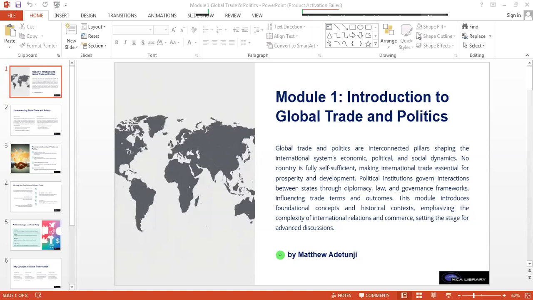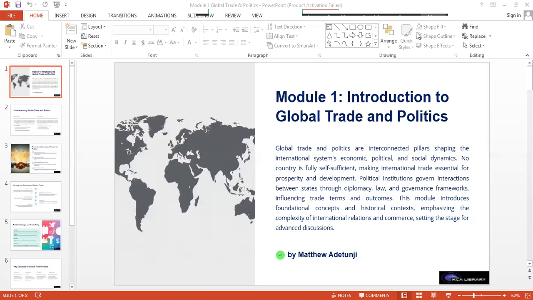This is a course where we'll look in depth into the understanding of power and economics, where economics and power meet together. We look at the global view of trade in alignment with politics. This is very important because it has to do with how the economy of a nation would actually be.